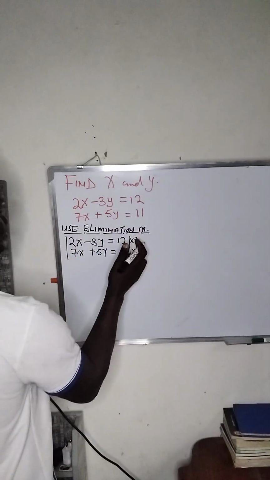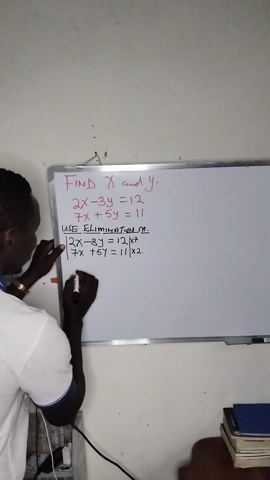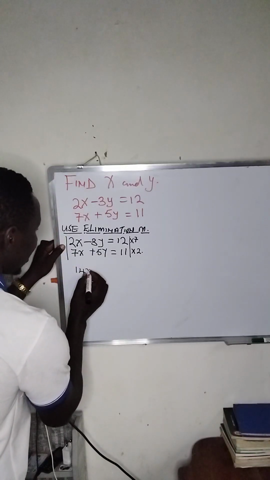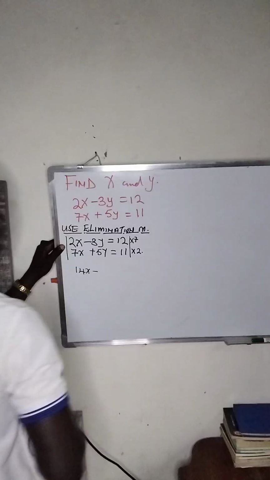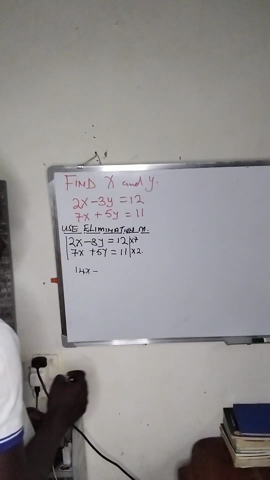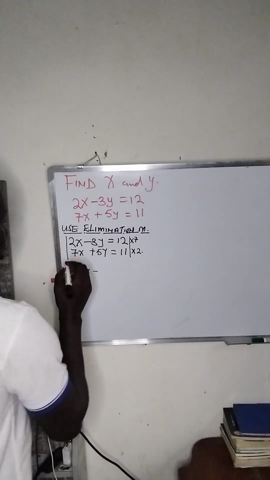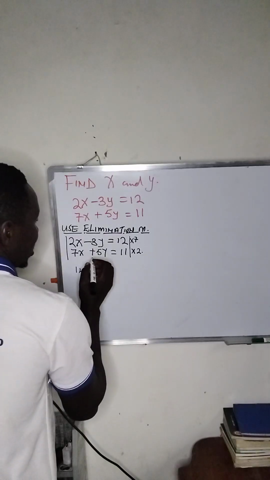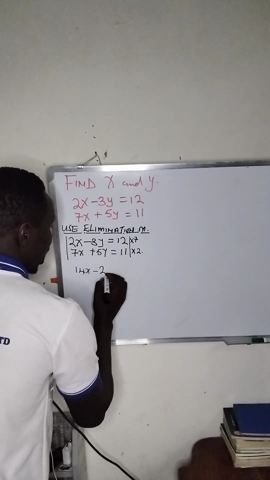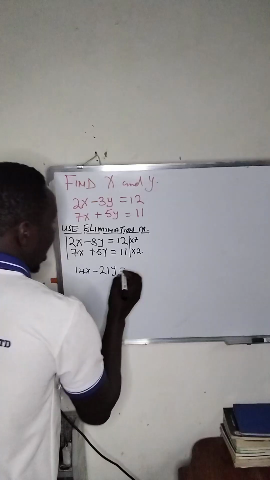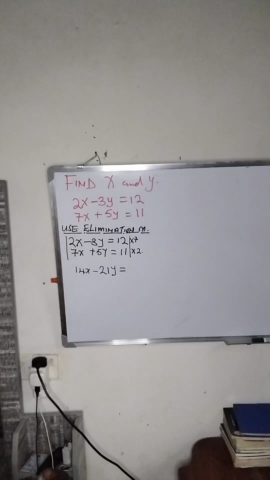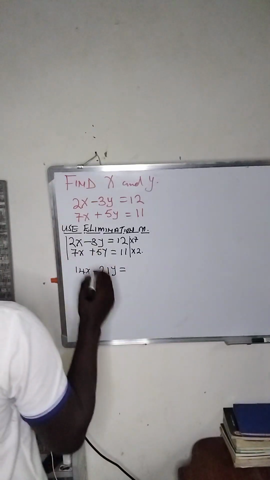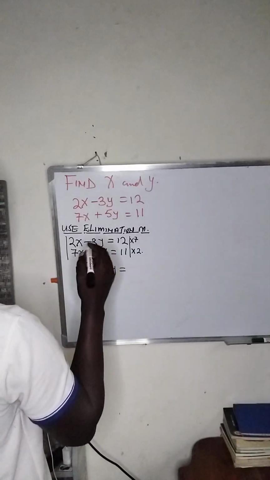When you multiply 7 times 2, it will be 14x minus 3 times 7, which is 21y. And again, we proceed with 7 times 12.